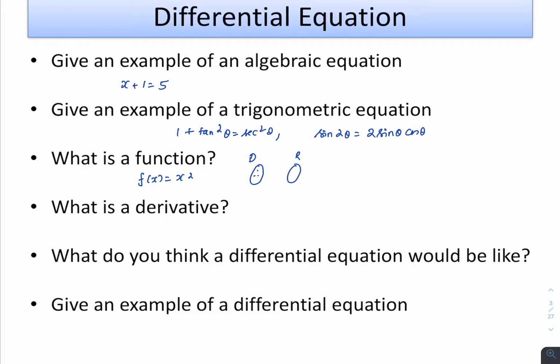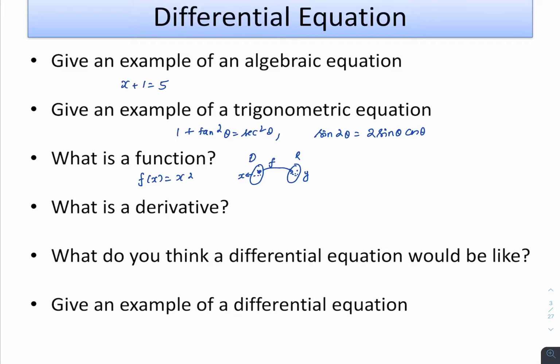It takes an element x from the domain, and the function f takes the value from the domain to the values in the range. So when you feed x into your f, the output is your y. So f of x is equal to x squared is the function.